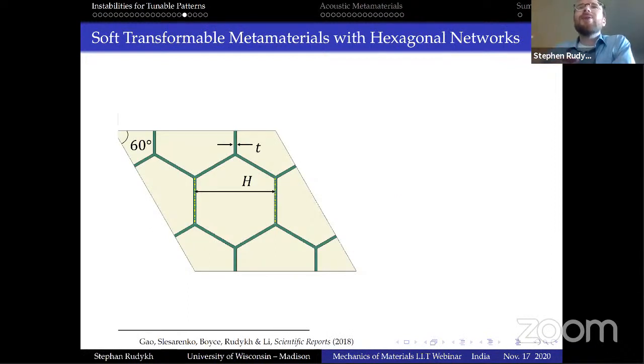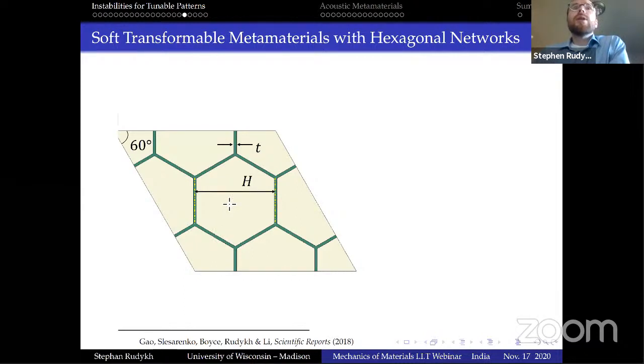So let's use the knowledge that we gained from the laminates, from very simple laminates, and expand it to very interesting microstructure behavior. What we have here is a hexagonal network of stiffer material, with a soft matrix embedded in between.